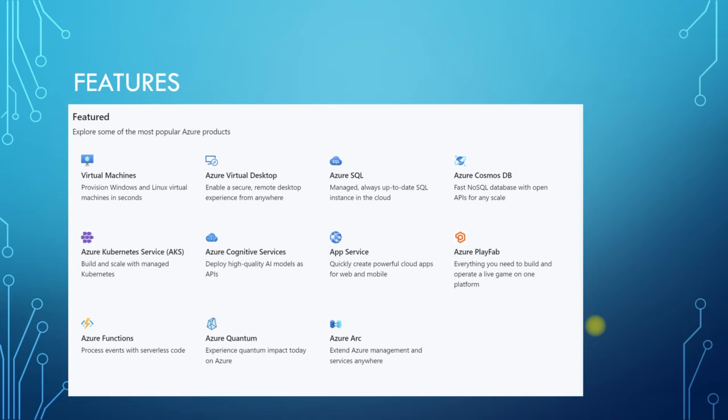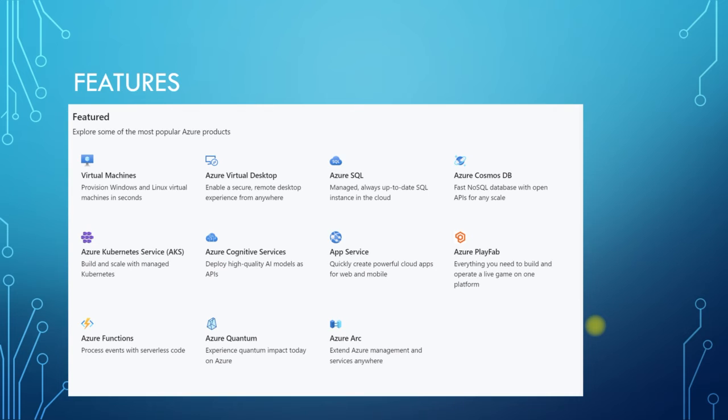So, some of the features of Microsoft Azure. We have virtual machines, which provision Windows and Linux virtual machines in seconds. Then we have Azure Virtual Desktop, which enables a secure remote desktop experience from anywhere. Then we have Azure SQL, a managed, always up-to-date SQL instance in the cloud.